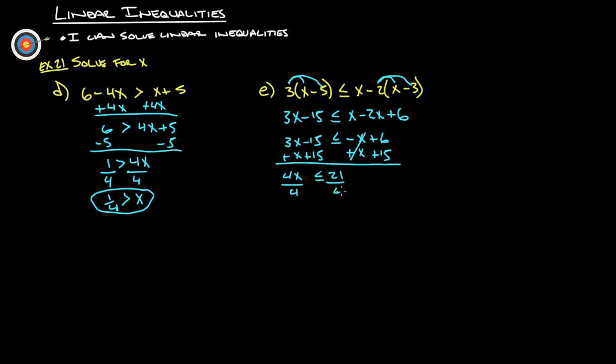Divide by 4, and we get x is less than or equal to 21 over 4, and we can just leave it like that if you want. Or if you want something a little more satisfying, 21 over 4 is 5.25. Either one of those would be just fine.